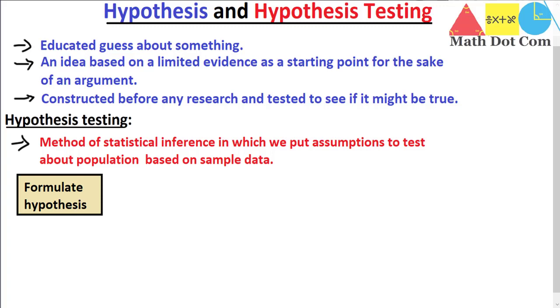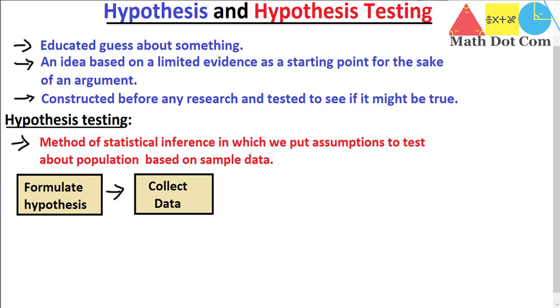Then once you have the hypothesis, based on those statements, you have to collect the data. So in the next step, you collect the data based on your hypothesis. It depends on what your population is, from which your sample is going to be taken. I will also give you an example of this process.